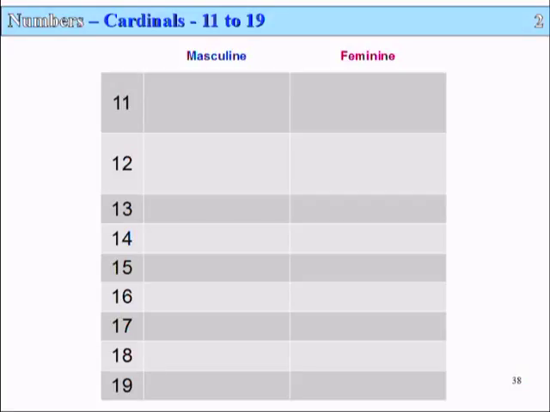And numbers are very important, and they are written down in the Hebrew using the words that we've already looked at. But when we get to 11 to 19, we simply add the word 10 to the word for 1, for example, and we make the word 11.